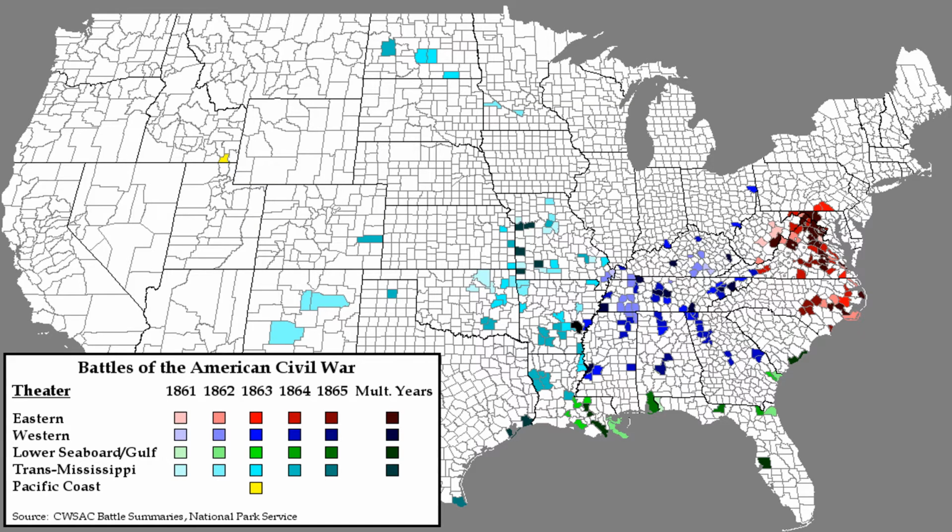It is estimated that Union and Confederate forces fought each other in over 10,000 battles from April of 1861 to April of 1865, when the war officially ended. The war was fought as far north as St. Albans, Vermont, and as far south as Brownsville, Texas, on the Mexican border, although this map doesn't show the St. Albans raid.